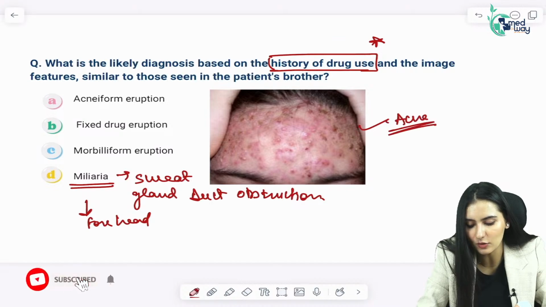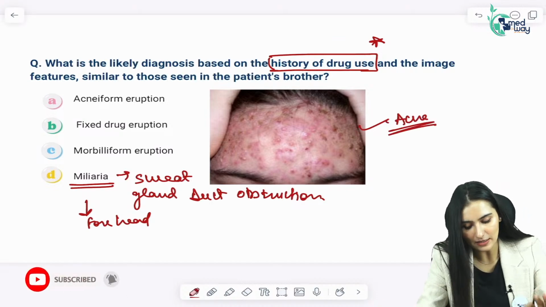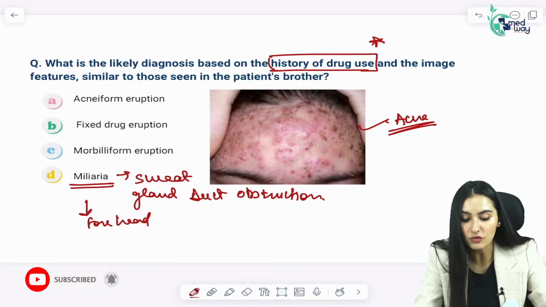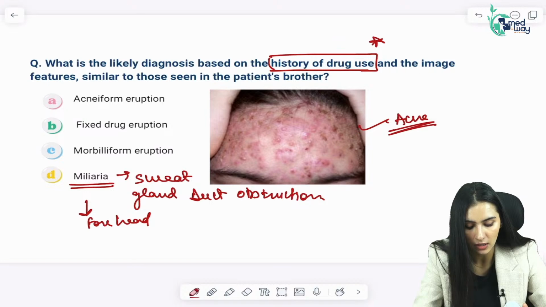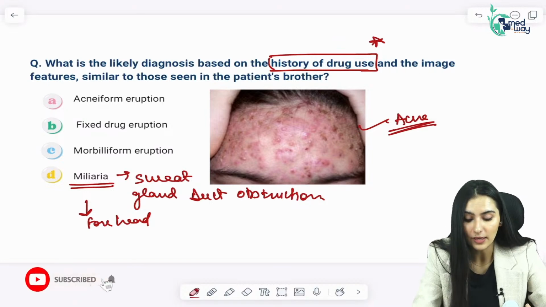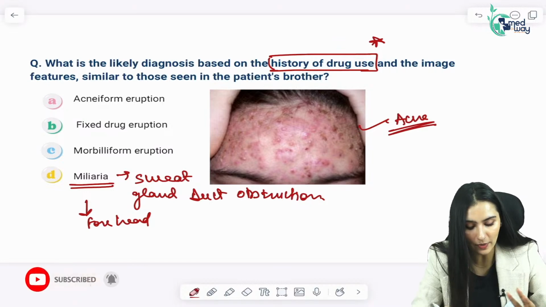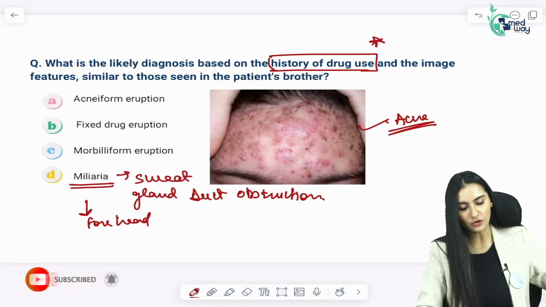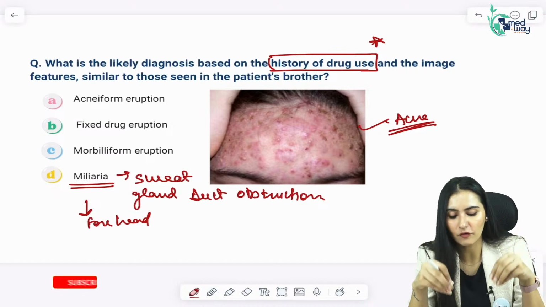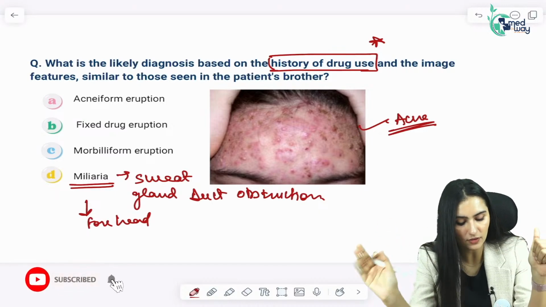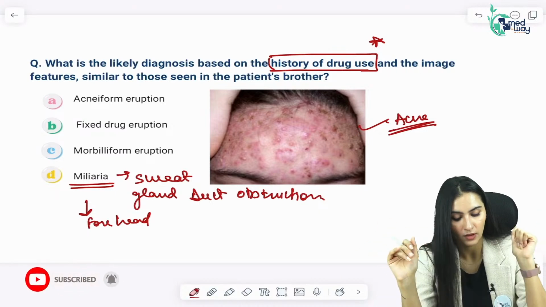If you look at it, it looks like acne. So malaria is a sweat gland duct obstruction. History will not say a history of drug abuse. It will rather say that the patient sweats a lot. You know, he has itchy lesions on the forehead. It is very itchy and it is sweating. The patient sweats a lot. There is a lot of sweat gland duct obstruction, as a result of which the patient comes like this. Okay, so that is your malaria. It is out of question.